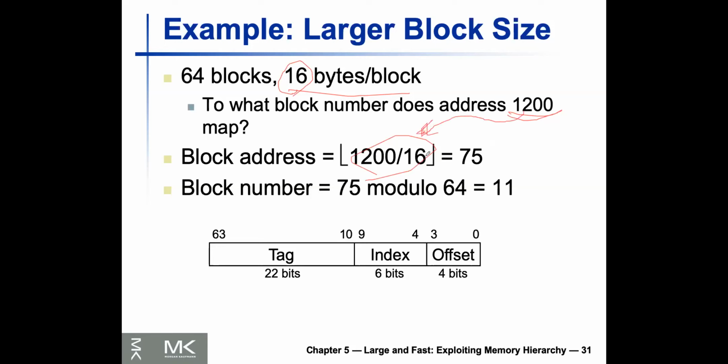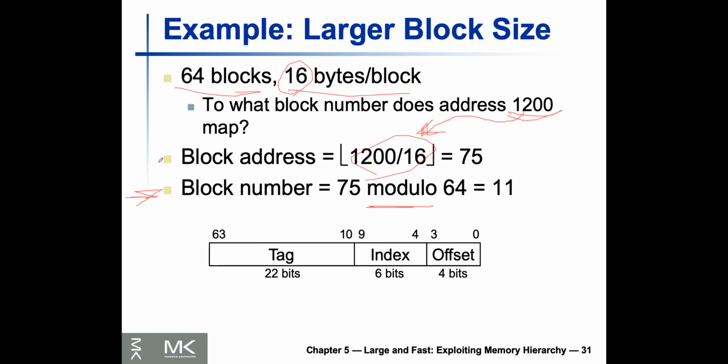All right, so that's block 75, because each of the blocks was 16 bytes. So 75 multiplied by 16 would be 1200. Now, the same goes with the classic way we found it. We just do a mod: 75 mod 64, because we now have 64 blocks, right? In the earlier example, we had 8 blocks, so we were modding by 8, like 0 and 8 mapping to the first one.